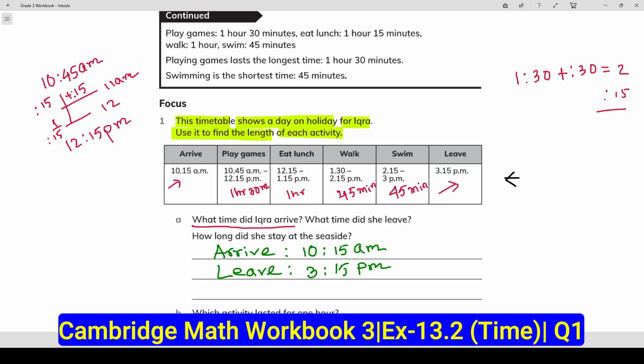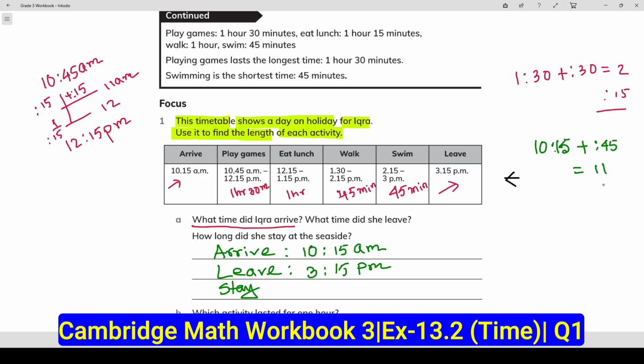Next, how long did she stay? Stay, look, starting 10:15 and leave 3:15. So 10:15, once we add 45 minutes, it will be 11.